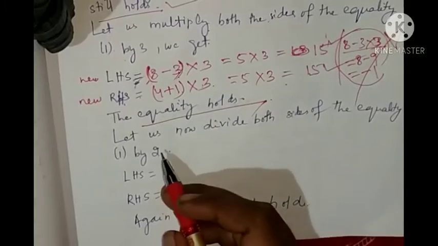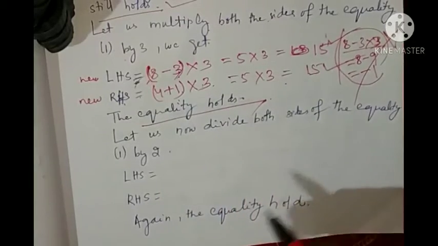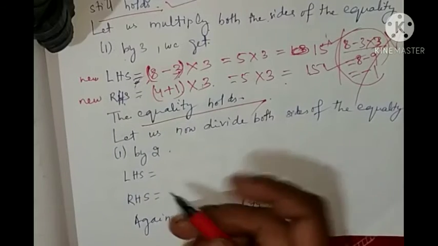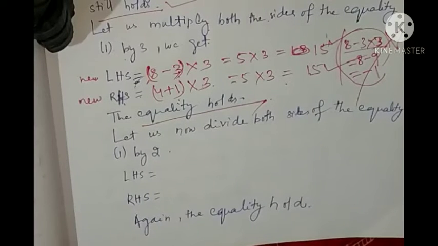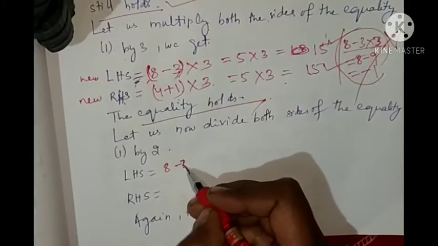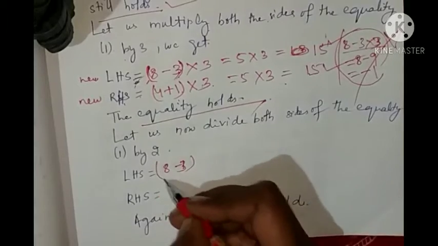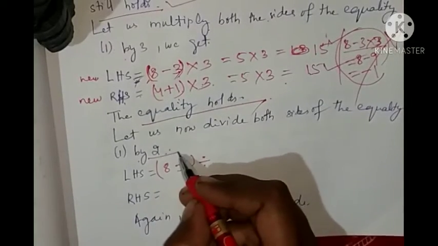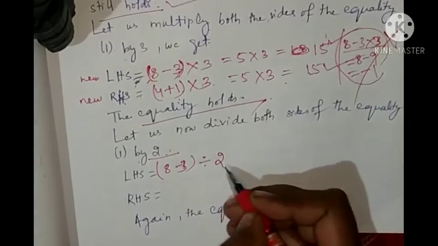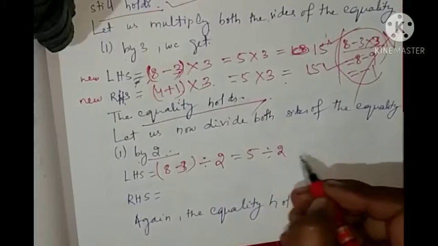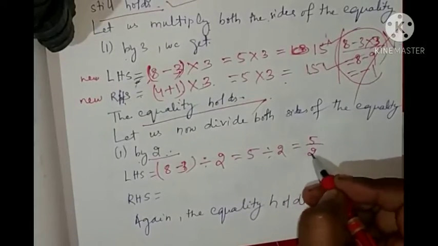Next, let us now divide both sides of the equality 1 by 2. We have the same equality, 8 minus 3 equal to 4 plus 1. LHS is 8 minus 3, we keep it in bracket and divide by 2. 8 minus 3 is 5, divided by 2, so 5 by 2.